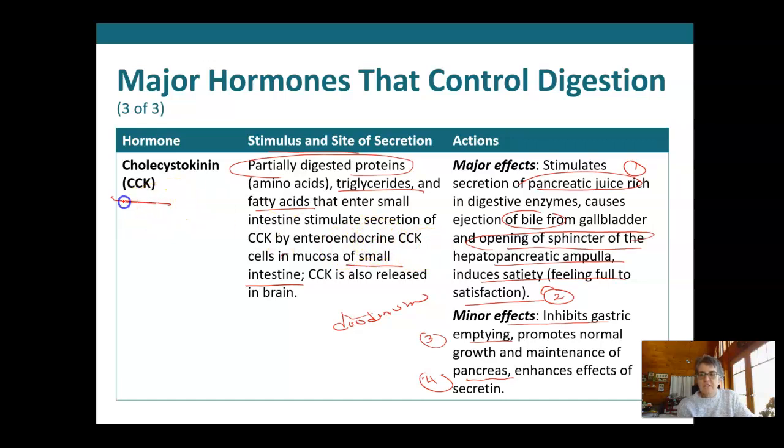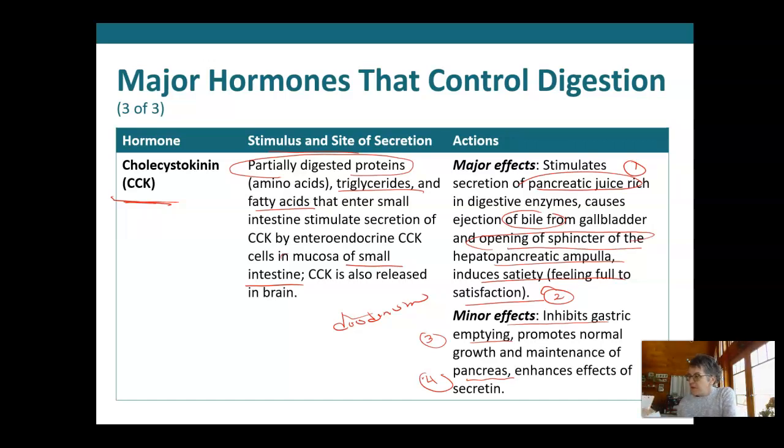And their actions are all about closing the stomach off and keeping the chyme that's in the duodenum, neutralizing it, releasing the bicarbonate, and getting all the pancreatic enzymes and bile for chemical digestion to happen. I think that is all I wanted to say about this.